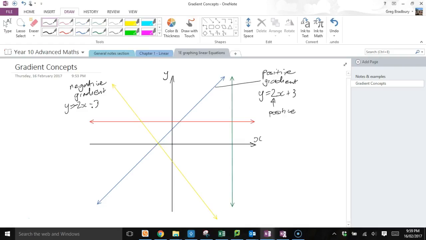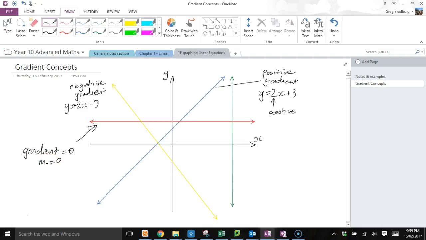Now, the two other ones here, so there's a vertical line and a horizontal line. I'll talk about the red line first, this one here. This is called a horizontal line, and it has a 0 gradient. So the gradient of this one is equal to 0. Alright, m equals 0.